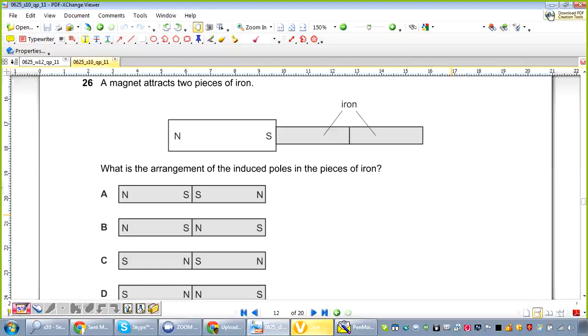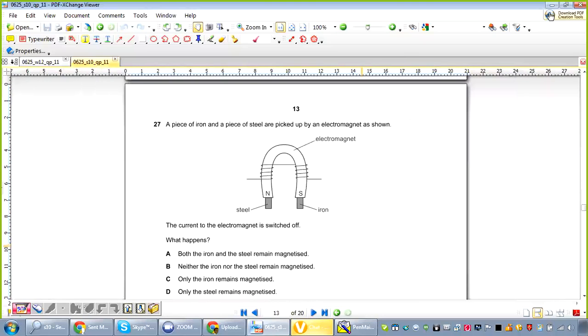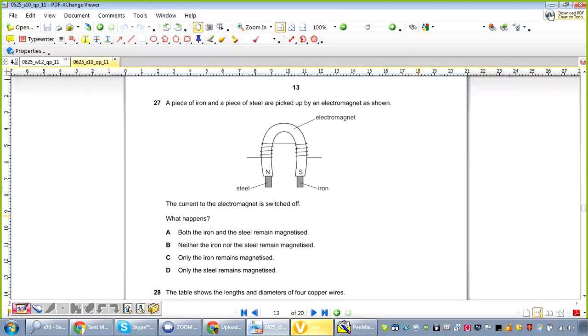B. Which one? B is the second option. That's right. Only the steel remains magnetized.